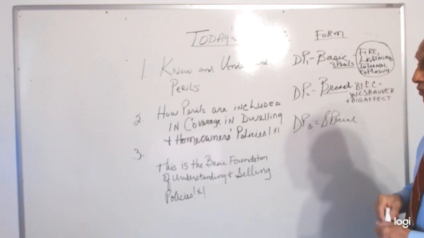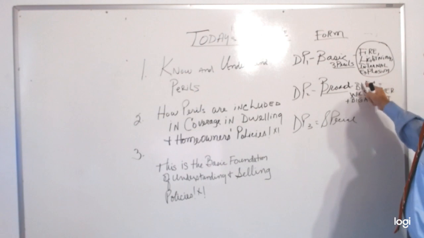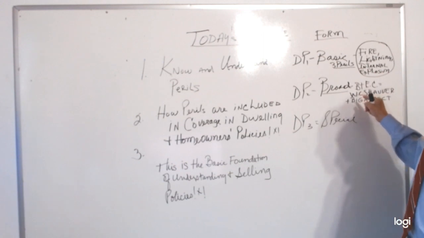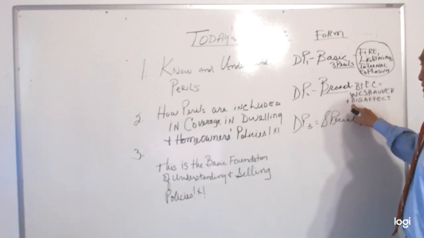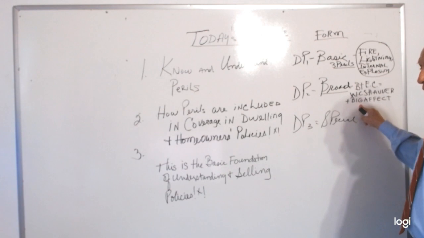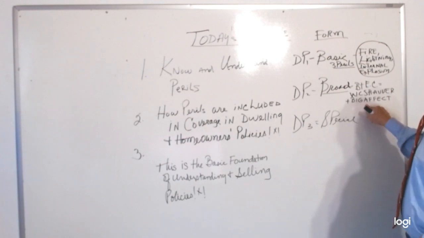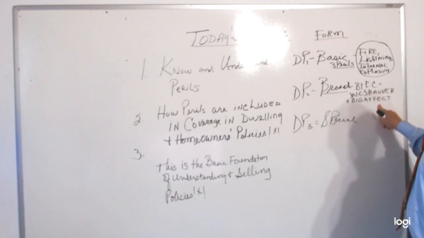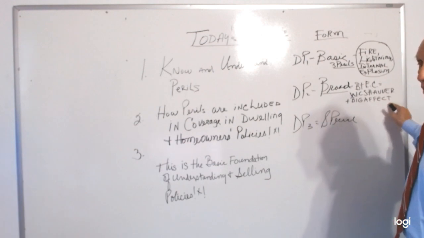Okay, and so these perils: we have the basic EC, extended coverage, and that EC may be called W.C. Schaefer, plus the big effect for property damage: ice, snow, sleet, glass damage, accidental bursting of pipes, falling objects, freezing of pipes, and we have electrical, building collapse, and tearing apart.